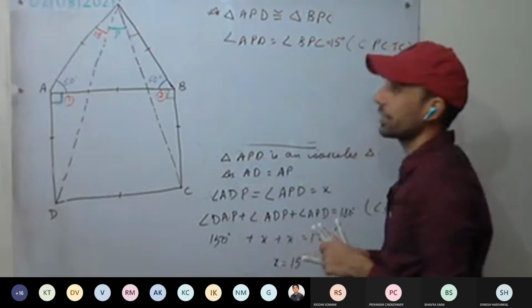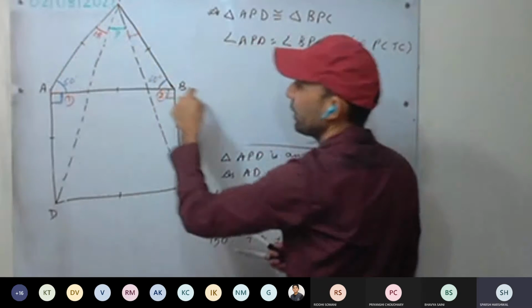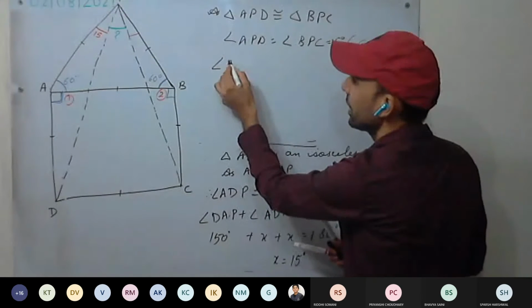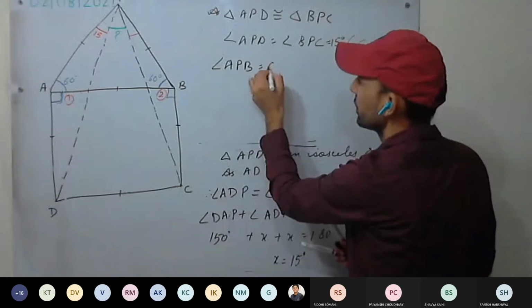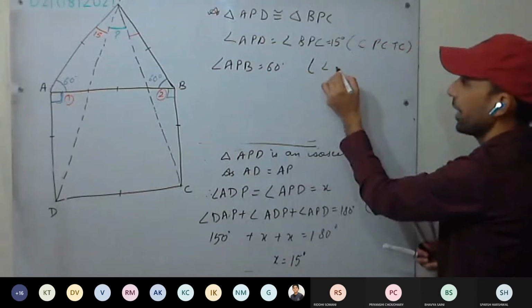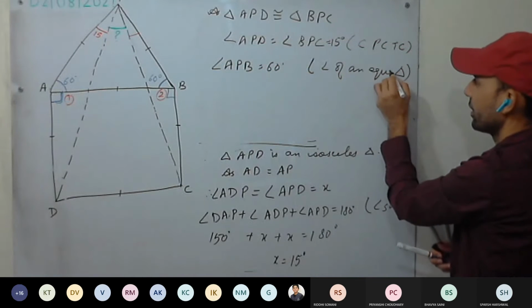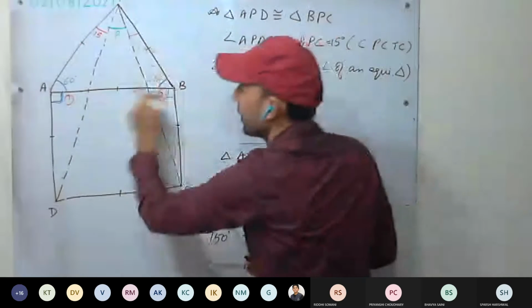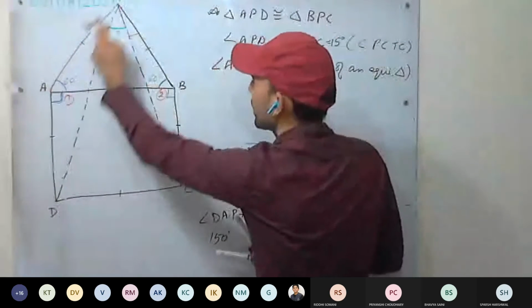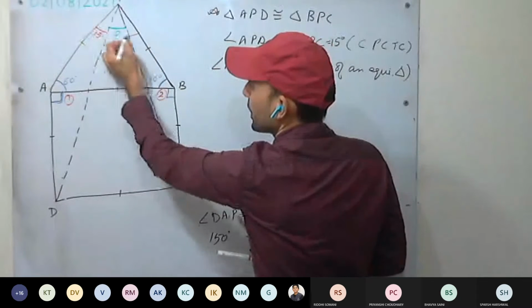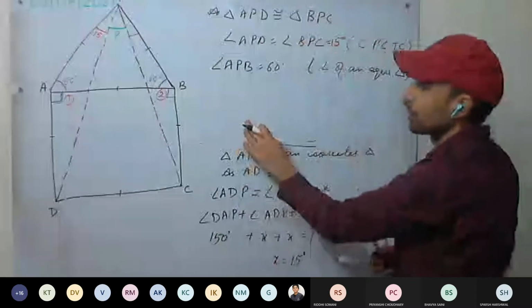Now, can you calculate the remaining angle? Angle APB will be how much? 60 degrees. Angle APB equals 60 degrees. Reason: angle of an equilateral triangle. This APB is an equilateral triangle. This whole angle is 60 degrees, and we subtract these two angles.